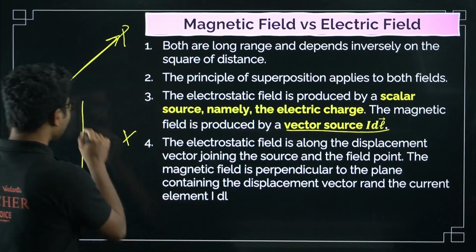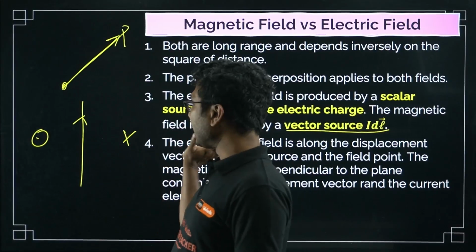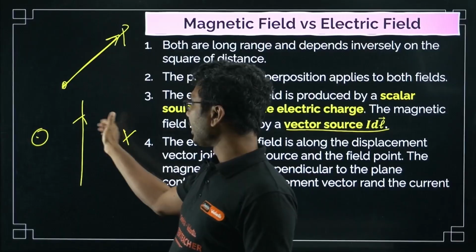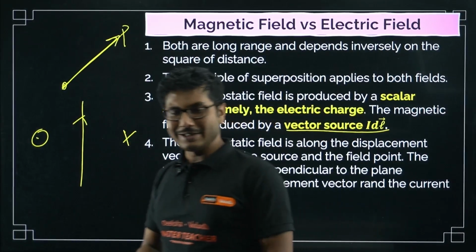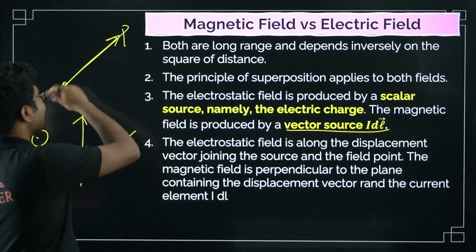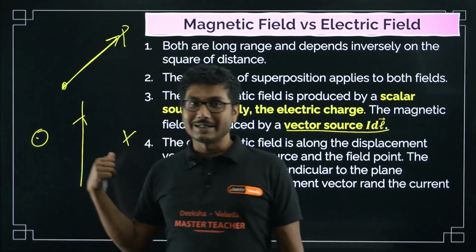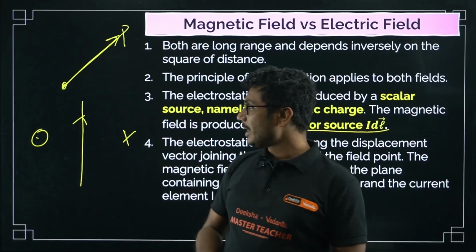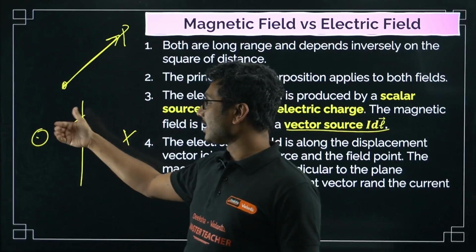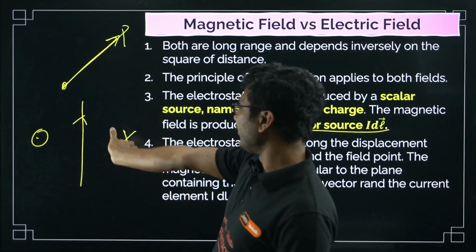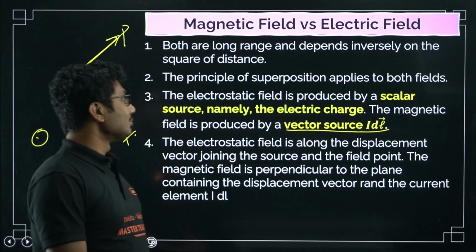If there is a current passing through it, you have to apply the right hand thumb rule. Magnetic field is always perpendicular to the current element, so that is another difference. In the electric case they are in the same line, but the magnetic field is perpendicular. How to do that? You put your fingers like this and curl your fingers. If it is coming out of the page in this part, then in the other part it is going into the page.